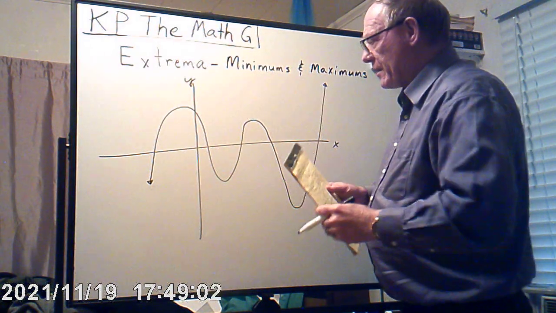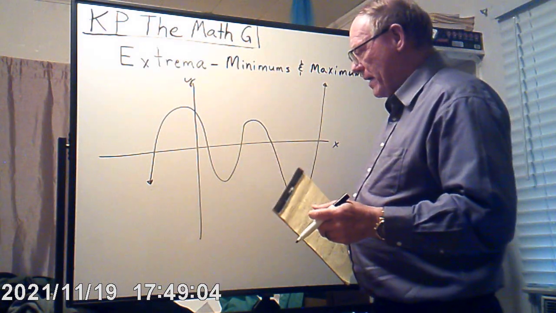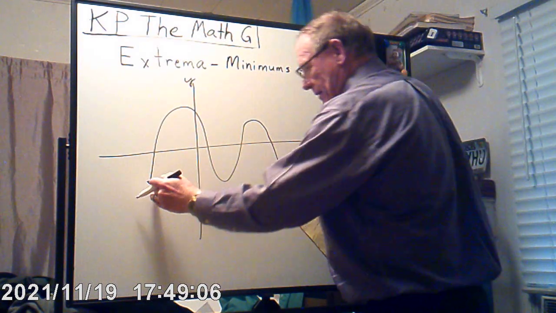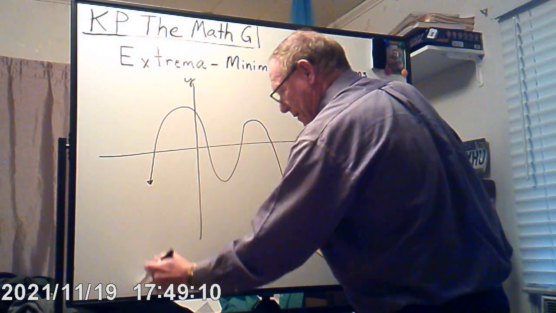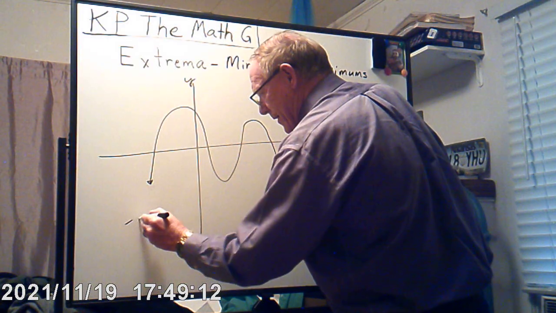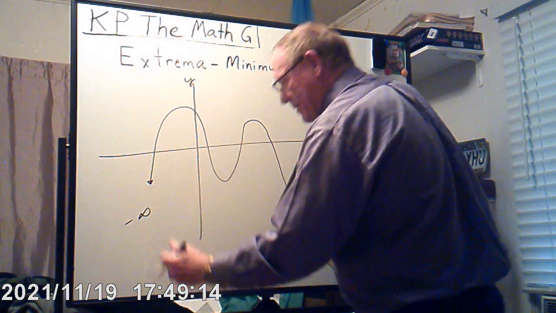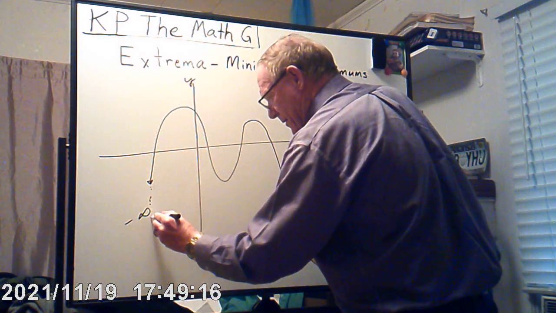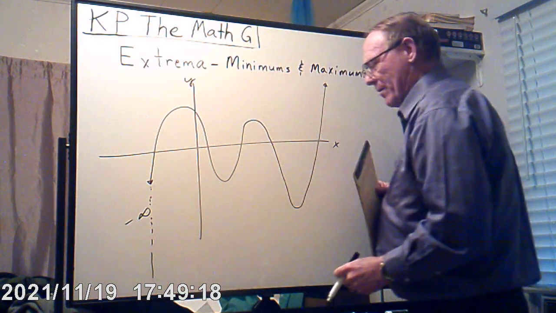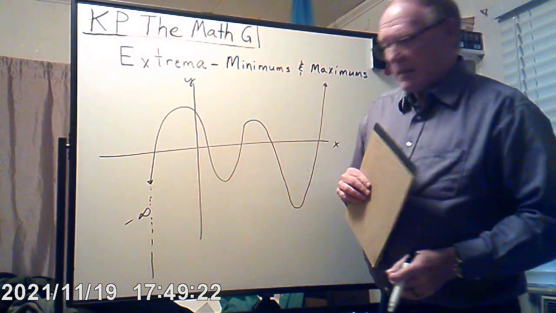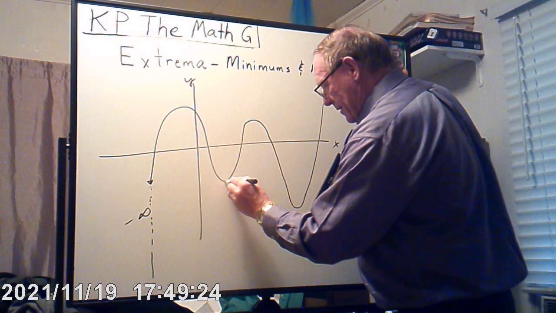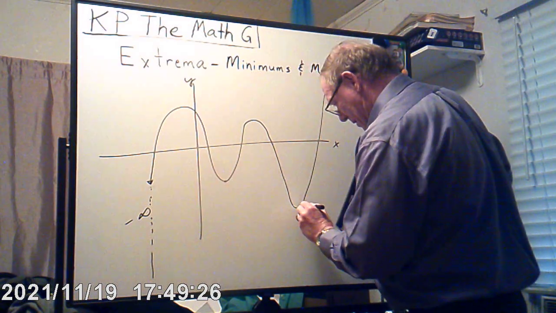If we want, let's say, a local minimum, if you look at this side here, this is going down to negative infinity. This is going forever in this direction. But you do have two local minimums here. One is here, and then one is here.